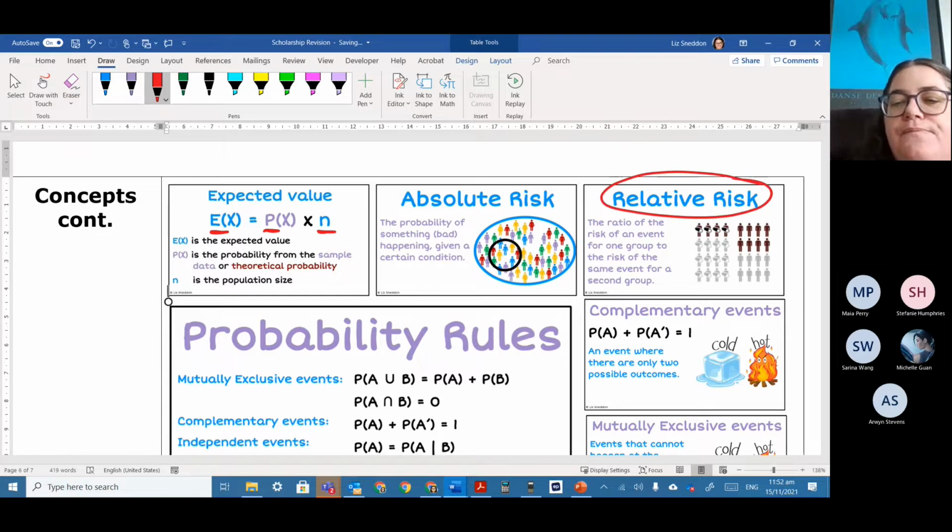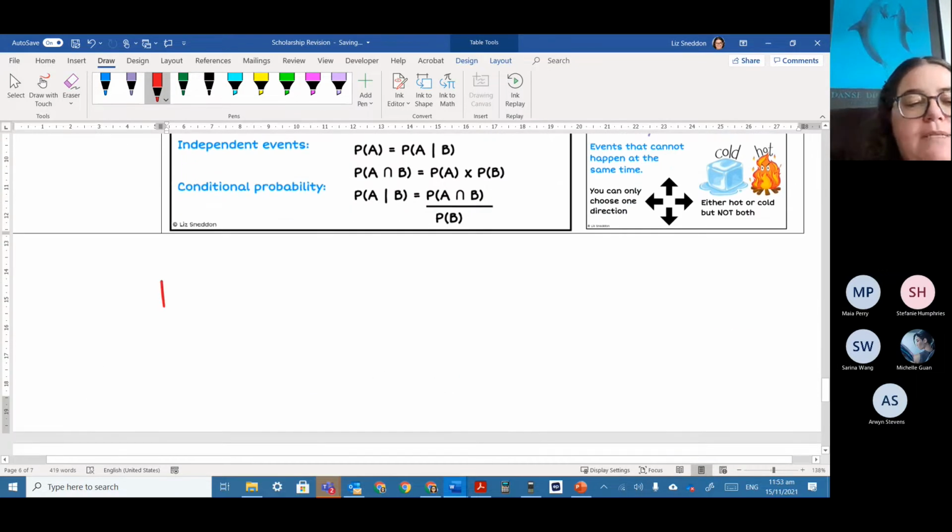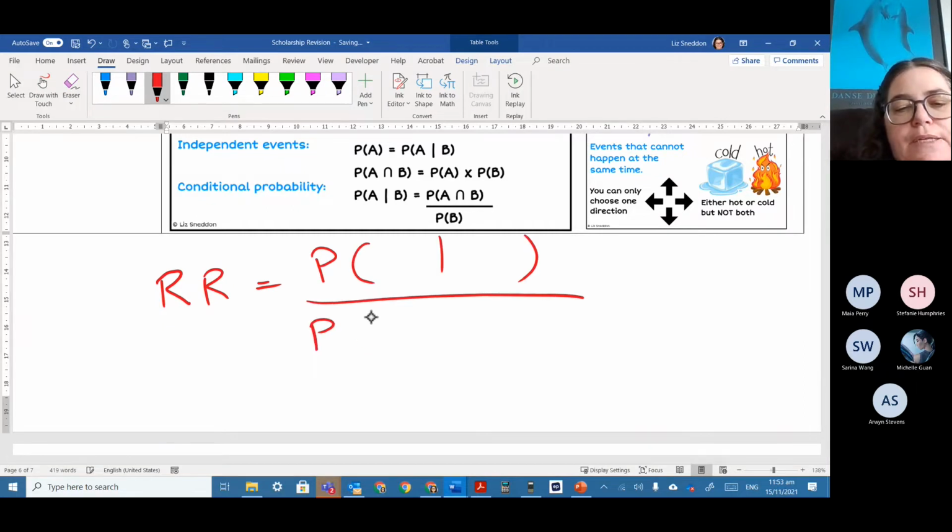Relative risk. Relative risk is a comparison. So relative risk is always a conditional probability divided by a conditional probability. So I might want to compare the males with the females. Those are my two groups.